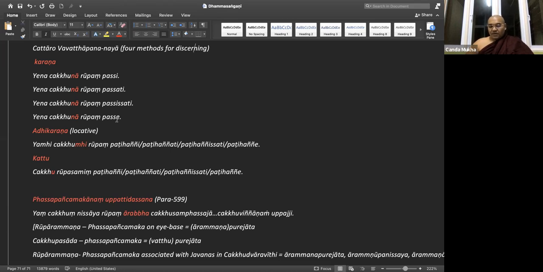So with the eye sensitivity, they saw what? They saw a visible object. The eye sensitivity is what? Invisible. Anidassana means invisible, and sappaṭigha means with a striking nature.